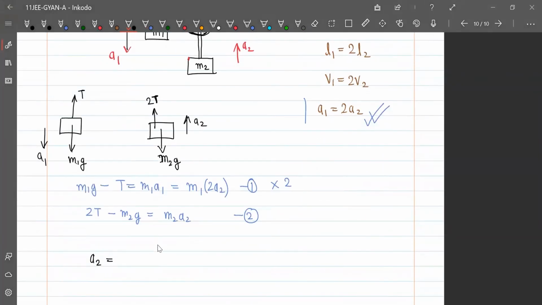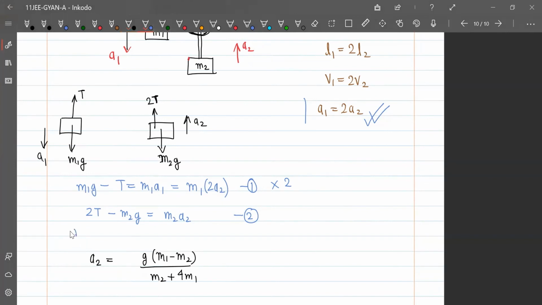Yeah, what is A2? G M1 minus M2 upon M2 plus 2 M1. Sir, I am getting 2M1. Sir, I am getting 4M1. 4M1 should come because here the equation is multiplied by twice. See, this equation has to be multiplied by 2.